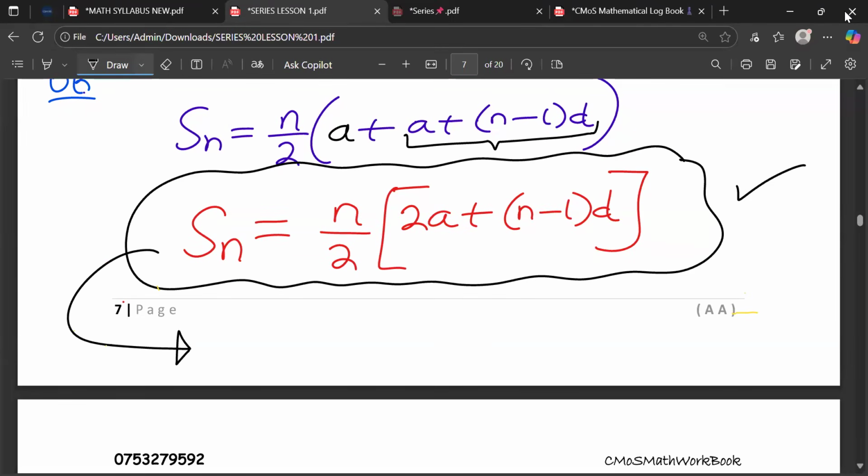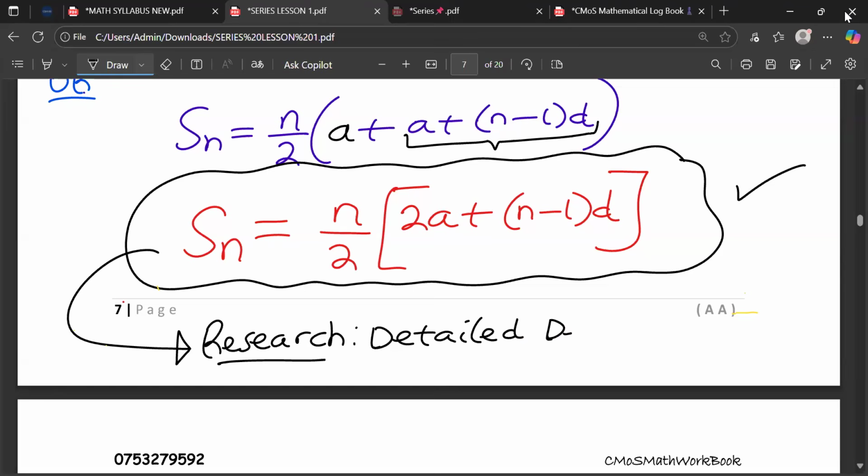What I may add on here is that your research work shall be the detailed derivation. You people, we are on page 7 and I've not done any detailed derivation. We are just telling stories, and we have come to the end of the stories.